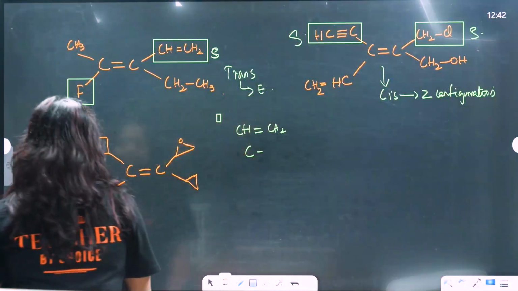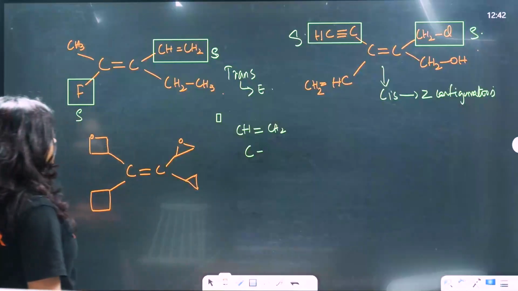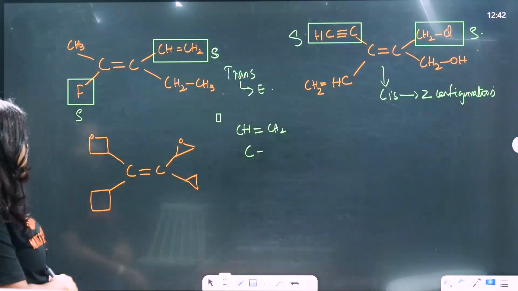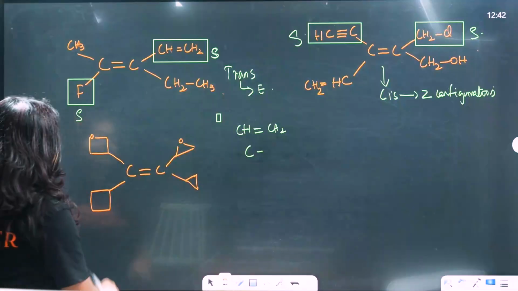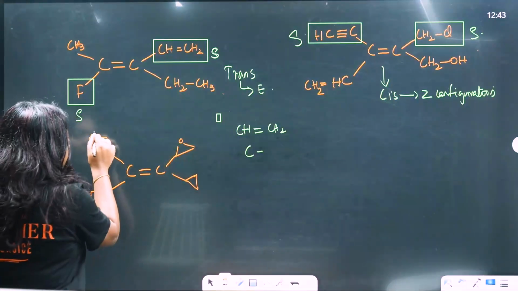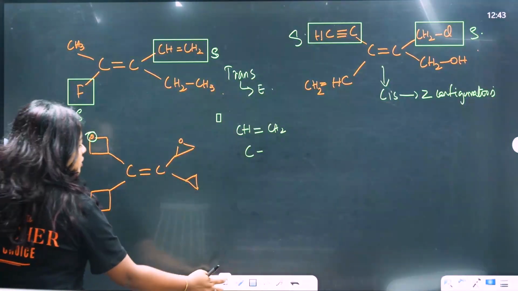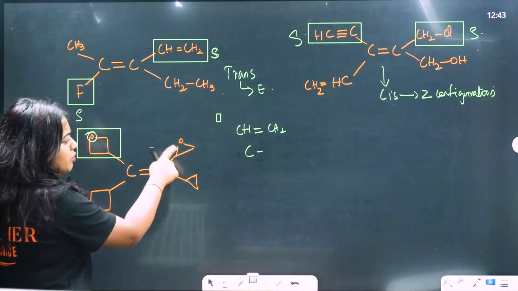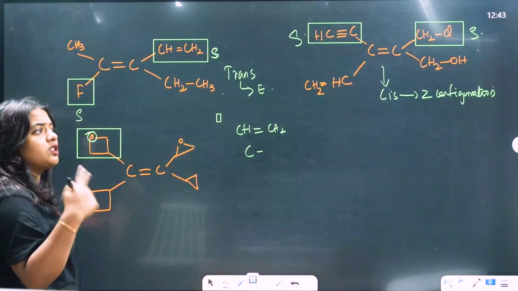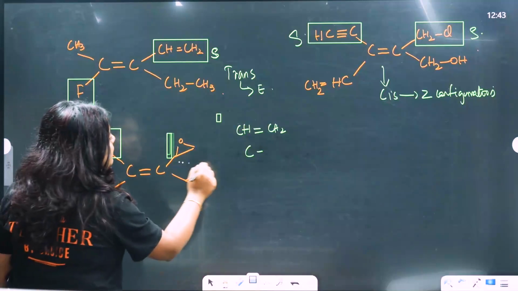Next one is this one. Now check which one will be the senior most. You can see they all have the same structure, but here an oxygen is there. Whenever there is an oxygen between the two, this one will be the senior one. Among these two there is no change, but there is an oxygen, so the oxygen's atomic number is also added, so this will be the senior one.